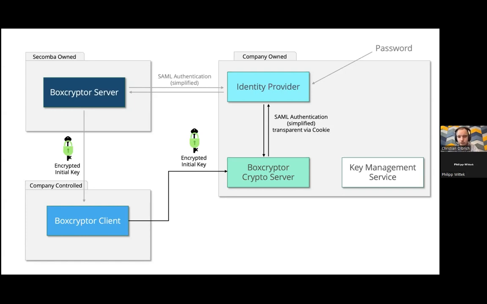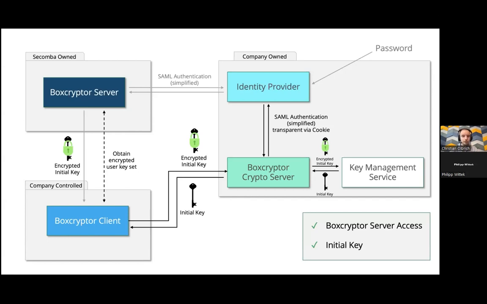After that, the Boxcryptor crypto server knows that the user is who he is supposed to be, or better, that he has the rights to access the key management service. He forwards the encrypted initial key to the KMS. That one can decrypt it, and we can forward that initial key back to the client. And from that on, we can just go the normal road and decrypt the remaining keychain for the user.